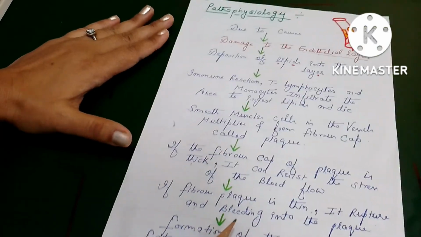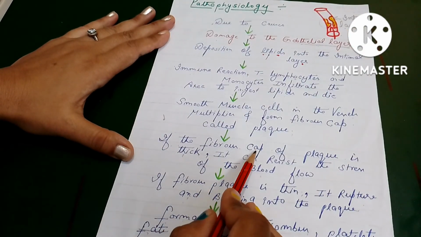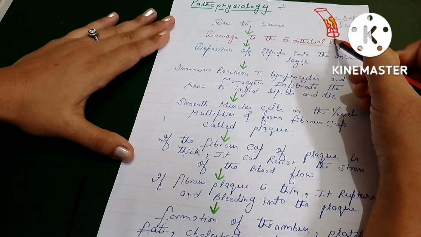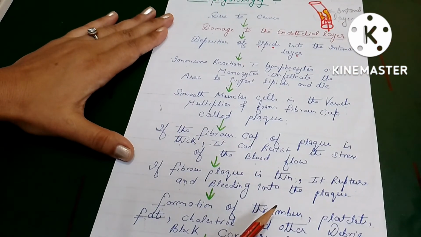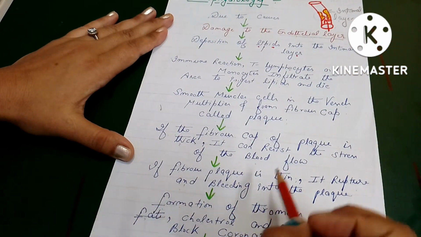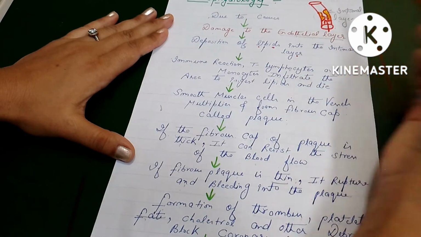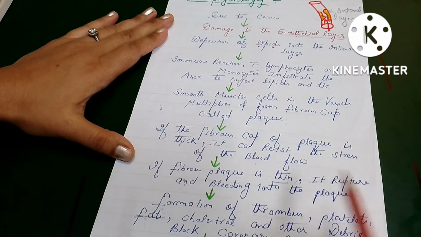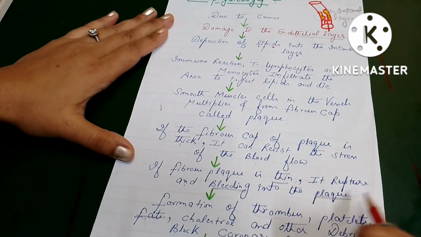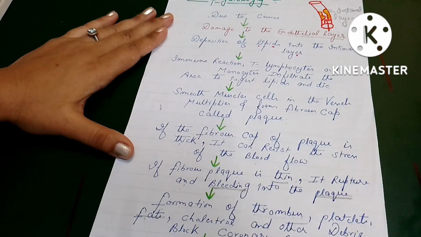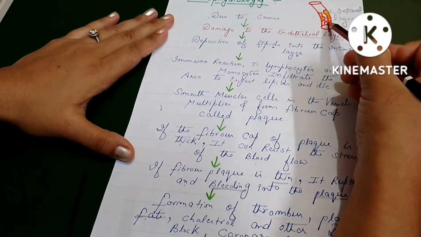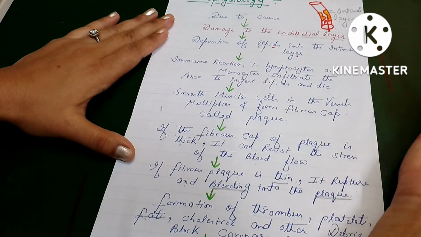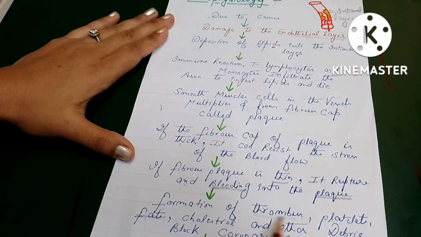So if the cap is thick, the blood will face resistance, and if the plaque cap is very thin, then it will rupture, and once it ruptures it leads to bleeding. Due to the breakage of this plaque there is bleeding. Then a thrombus forms, a blood clot.